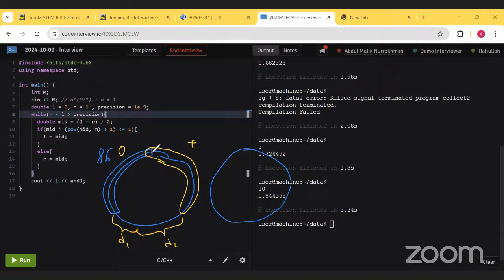because the answer will be here. Why? Because the response is 0, so this is not the valid answer. The valid answer is only here. Okay, you got it.